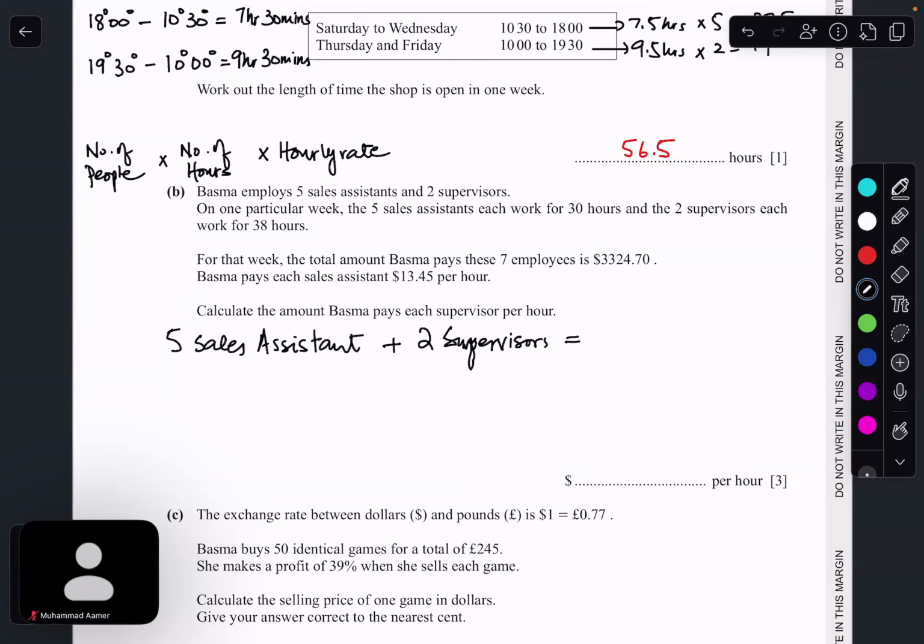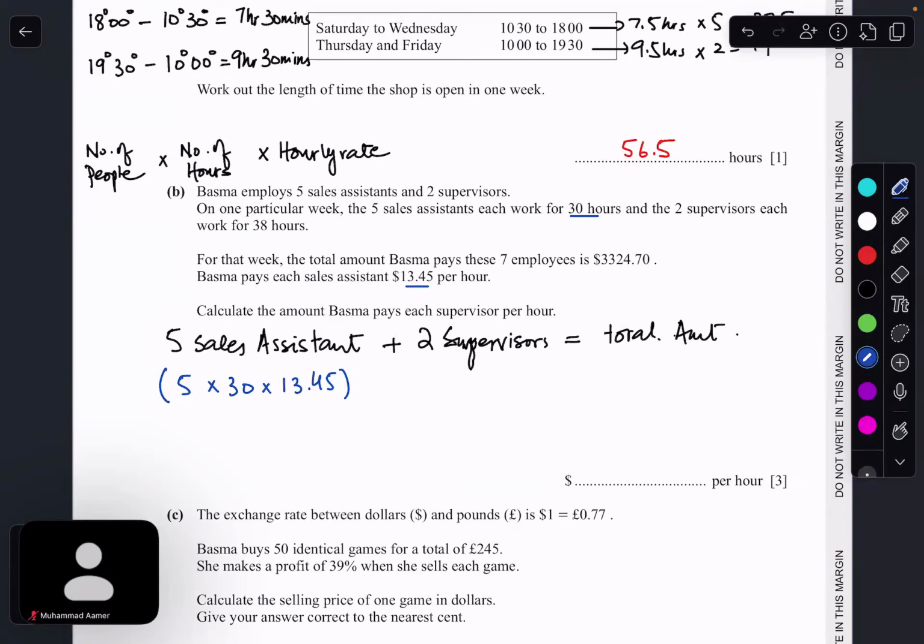Okay. And that makes it the total amount. Right? The 5 sales assistants each getting how much? They worked for 30 hours, right? And the hourly rate is 13.45. 13.45, and we have 30 hours.